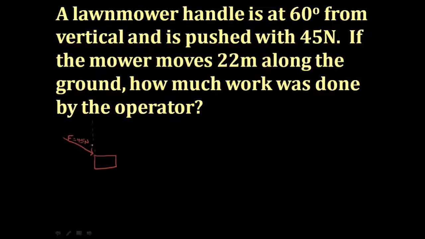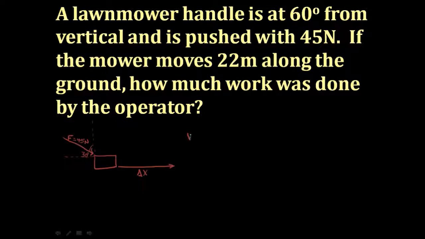But if this is a 60-degree angle, then this is a 30-degree angle. And that's the angle between the direction of the force and the direction that the lawnmower is moving, the displacement. That's the angle that we have to use. So you have to be careful about this.